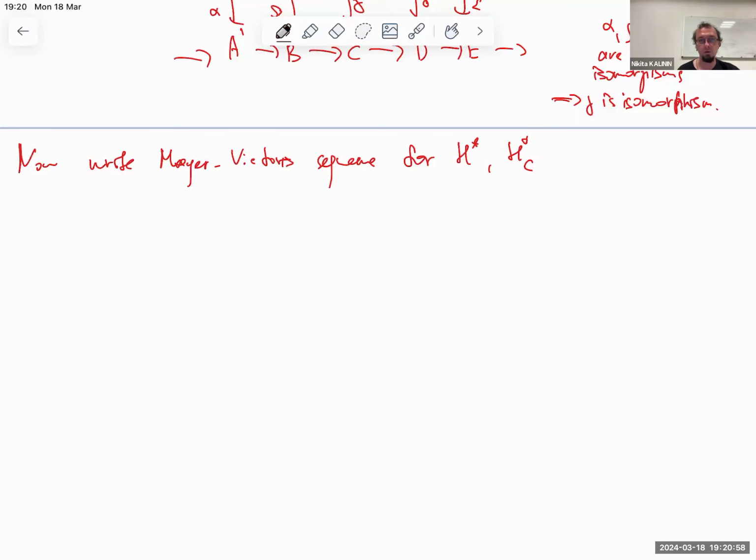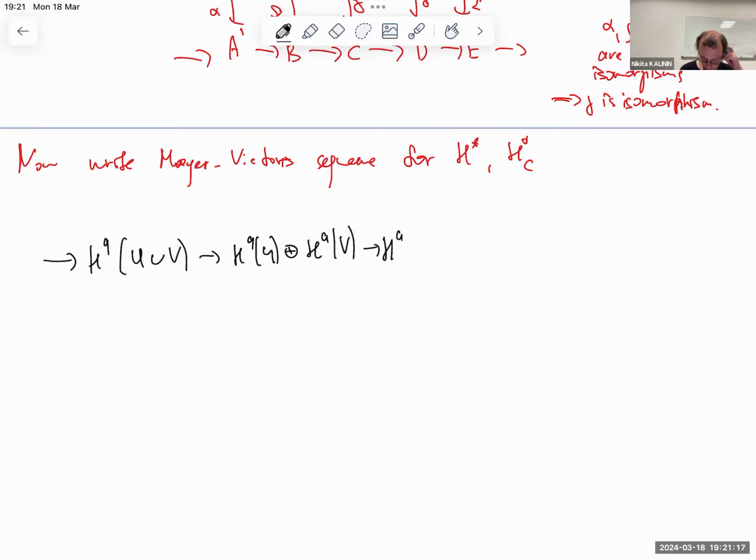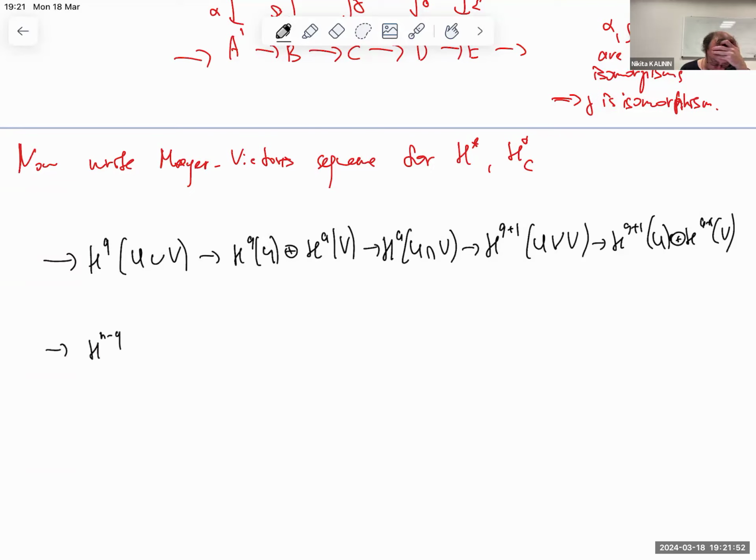First, we have a row for usual cohomologies: H^q of U union V, then H^q of U plus H^q of V, H^q of U intersect V, then H^(q+1) of U union V. Then we do the same below for cohomologies with compact support, with a shift.